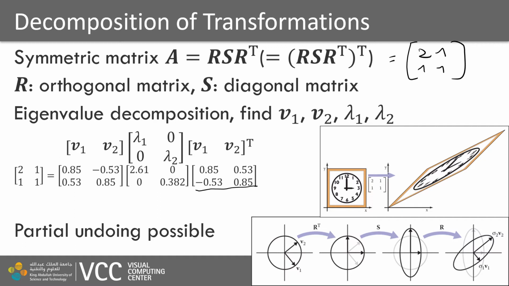So let's draw a small unit circle here, and we can see this will be 0.85, and this will be minus 0.53, so somewhere in the middle. And these two are then meeting somehow.